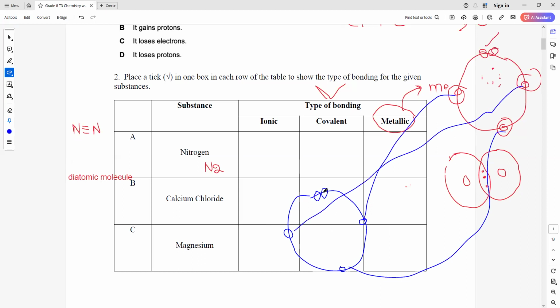So I can either use crosses or I can use different colors also. I have drawn these 2 electrons here, and I have to use red color to draw these 2 electrons. Let me change the color.